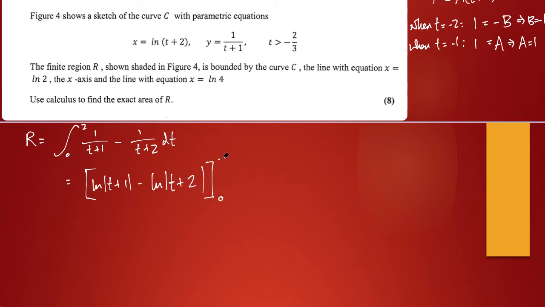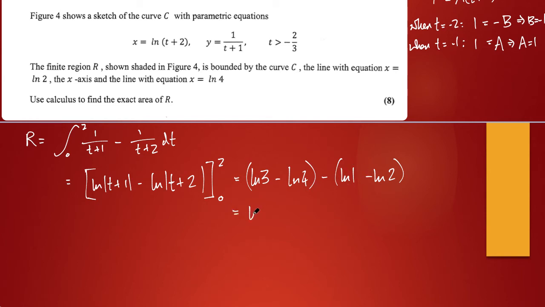from 0 to 2. So that equals ln of 3 minus ln 4 minus ln of 0 plus 1, minus ln of 0 plus 2, which is 2. So that ln 1 is 0, so that will just disappear.